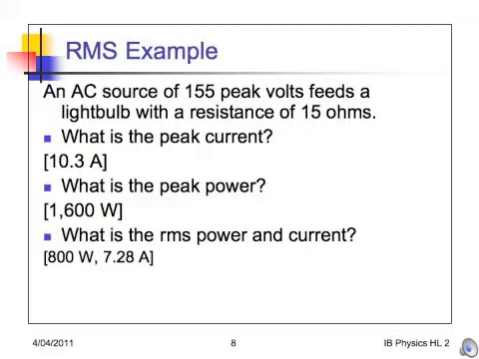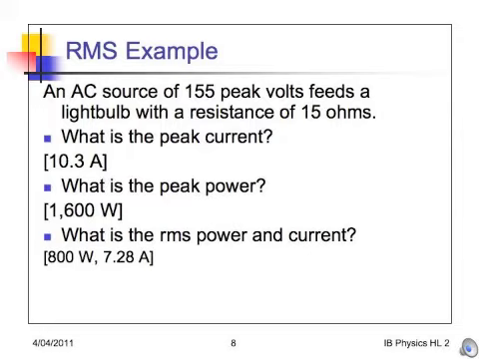So with 155 peak volts, what would be the peak current? Using Ohm's law, V equals IR, or I equals V over R, 155 peak volts divided by 15 ohms should give us a peak current of about 10 amps. And 10.3, I guess, is the right number.